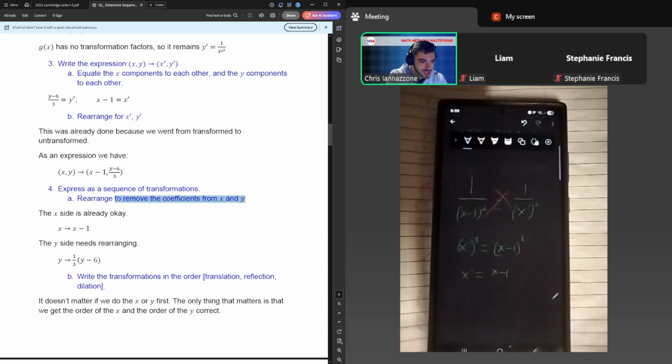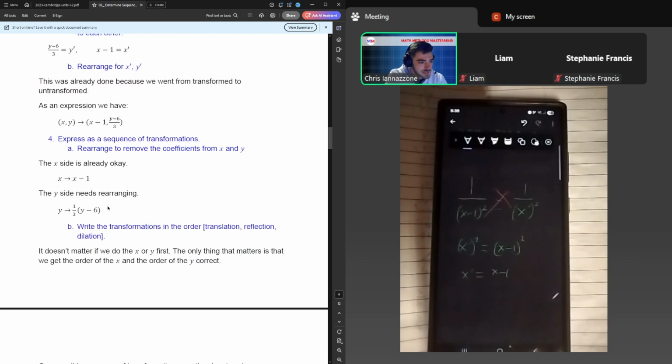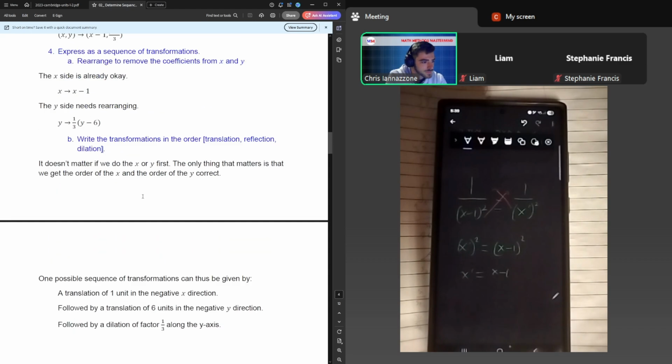If you do what I do here and factorize things out, so I'm taking a factor of a third out the front, it's not really a common factor, but you get what I mean. It's already factorized, just rewritten in a different way. If you have it in a factorized form, you do translations, then reflections, then dilations. You do it in that order. Most schools will teach DRT: dilate, reflect, translate. We'll look at when you would do that instead.